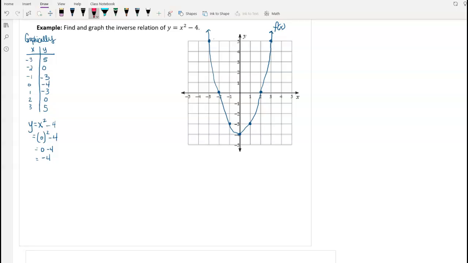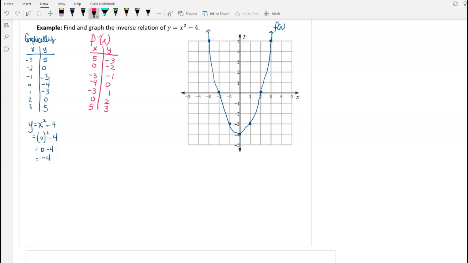Now, to graph the inverse, f inverse of x, we're going to take that same xy chart that we made, but we're going to flip-flop our x and y values. So now it's (5, -3), (0, -2), (-3, -1), (-4, 0), (-3, 1), (0, 2), and (5, 3). All we did was interchange the dependent and independent variables.